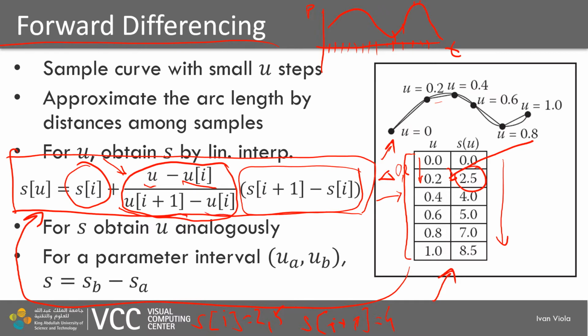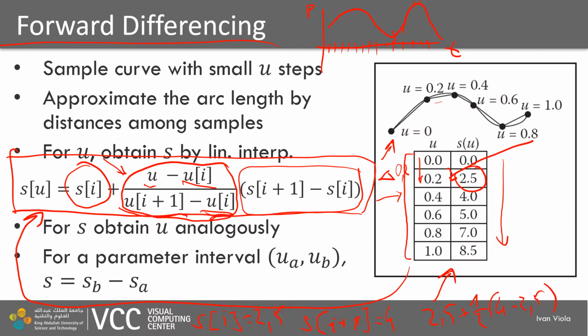0.4 minus 0.2 will be then 0.2. So 0.1 divided by 0.2 will be the scaling factor of the difference between these two arc length approximations. So our final formula will be 2.5 plus 1/2 times 4 minus 2.5.